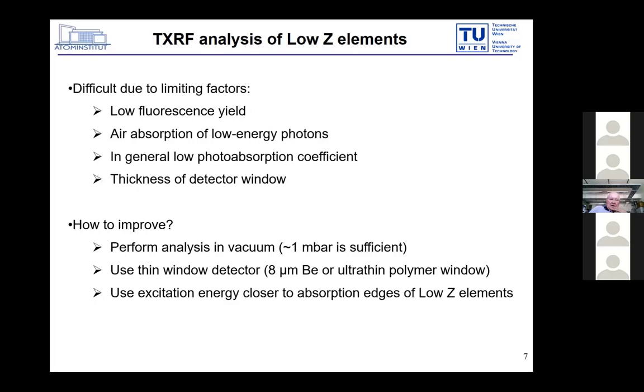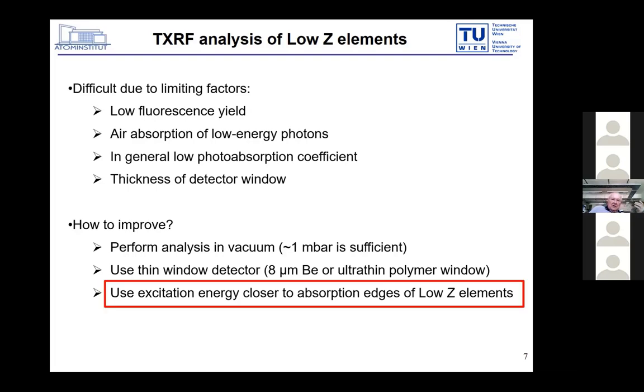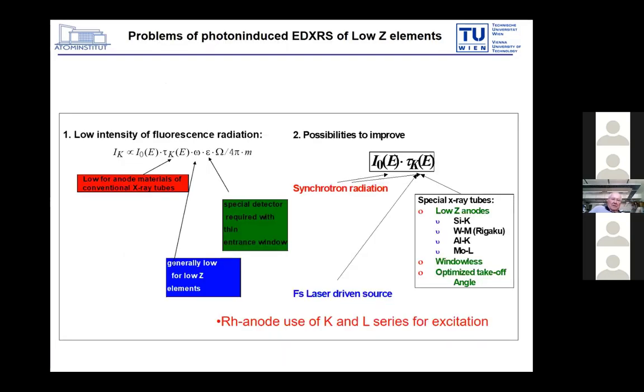The next is, this is the important part also of this talk, use an excitation energy as close to the absorption edge of your sample. And this is, for instance, in the next, you see the theory in terms of mathematical description.